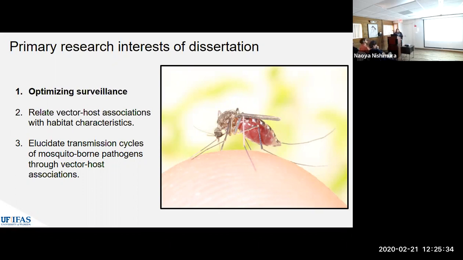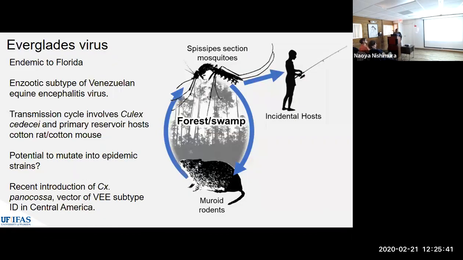I've mostly focused on optimizing surveillance techniques for these vector species so far. The system that I work in primarily is Everglades virus, which is endemic to Florida. It's an enzootic subtype of Venezuelan equine encephalitis virus with transmission cycles including Culex cedecei, the native vector, and the primary reservoir hosts, such as cotton rat and cotton mouse.